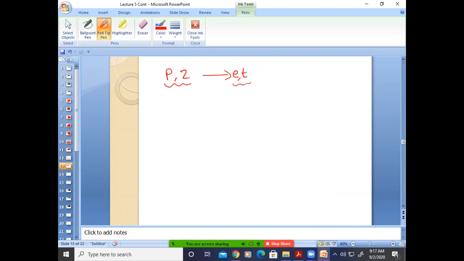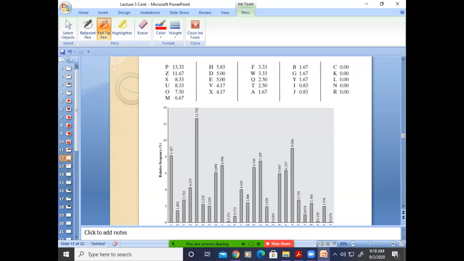If you see any English movies or any movies, they will go with different decrypting algorithms. Then finally they will get some message or the actual plain text. Then the next combination will be, if you observe carefully, S, U, O, M, H, etc. Then after that D, E, V, X, and so on.